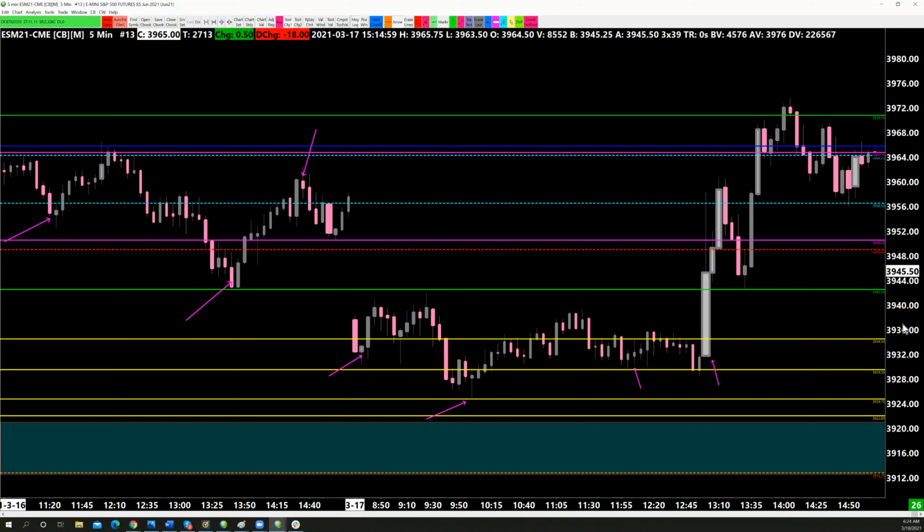Yellow zones are strong. White zones are critical areas where you'd usually expect rejection. These are what are called single prints off the profile. They're strong areas to get turns from both long and short. The green lines are prior day's high and low. The purple lines are value area high and value area low, and the dashed blue lines are the prior day's points of control. All of that is pretty critical.